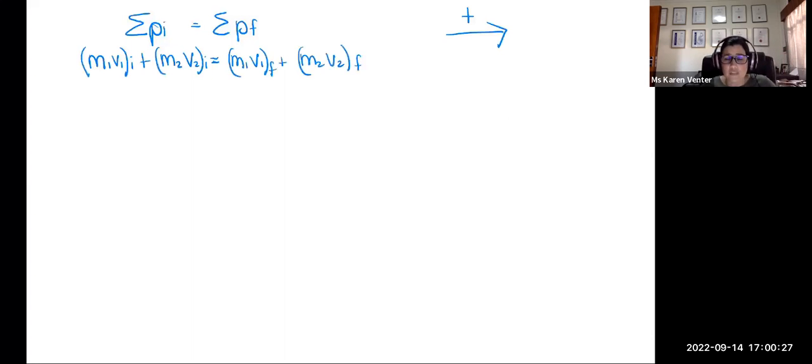Okay. Now I substitute. So the mass of the cart is 20 kilograms, and it is traveling at 2,5 meters per second. I don't know the mass of the rocket. I want to determine the mass of the rocket times 2,5.